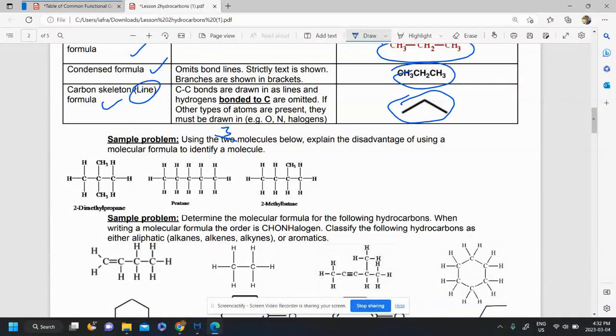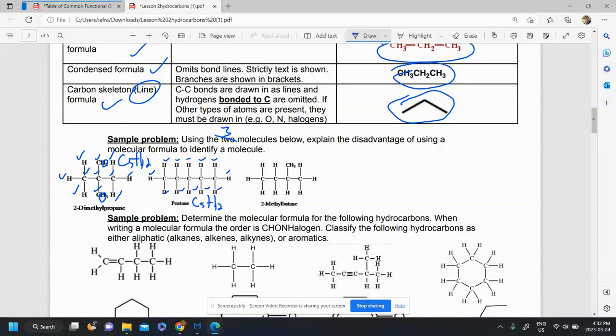So if you actually count everything, it looks here like I have how many carbons? 1, 2, 3, 4, 5 carbons. And how many H's? Well, 1, 2, 3. Then 3 here, that's 6. And 3 here, that's 9. 10, 11, 12 H's. Okay, for pentane, I have C5H12.